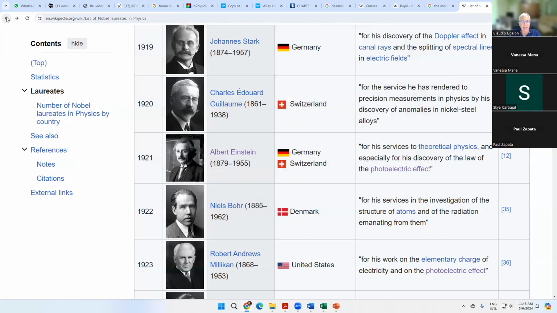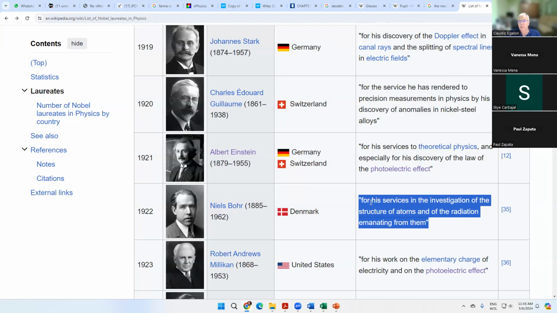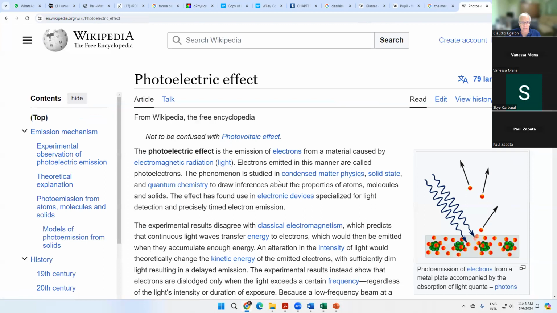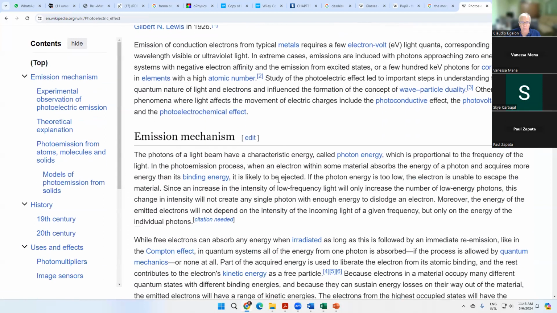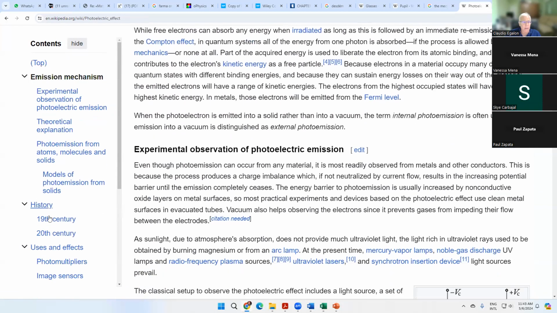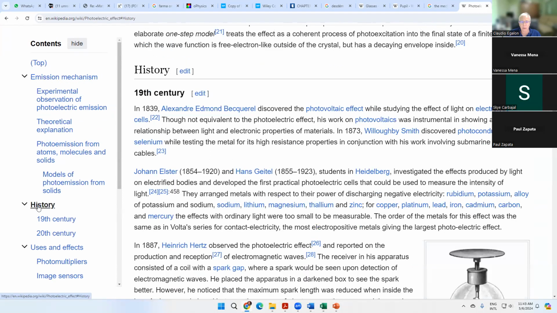The photoelectric effect was discovered in the 19th century by Wilhelm Hertz, and observed experimentally, and only afterwards was Einstein able to explain it. Let's take a look at the photoelectric effect. Unfortunately, we didn't cover the history of the photoelectric effect.